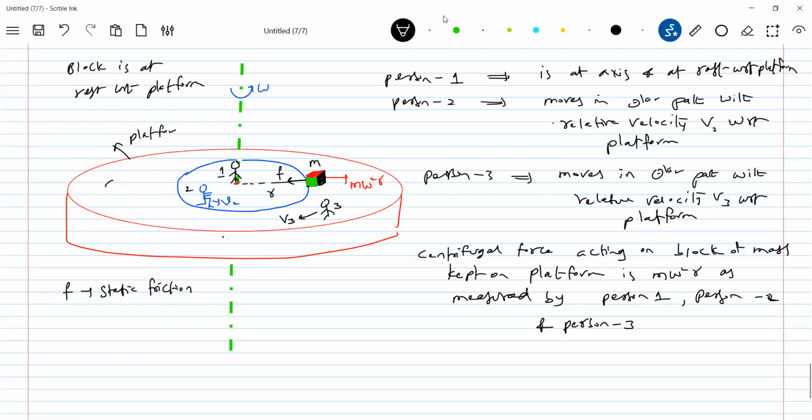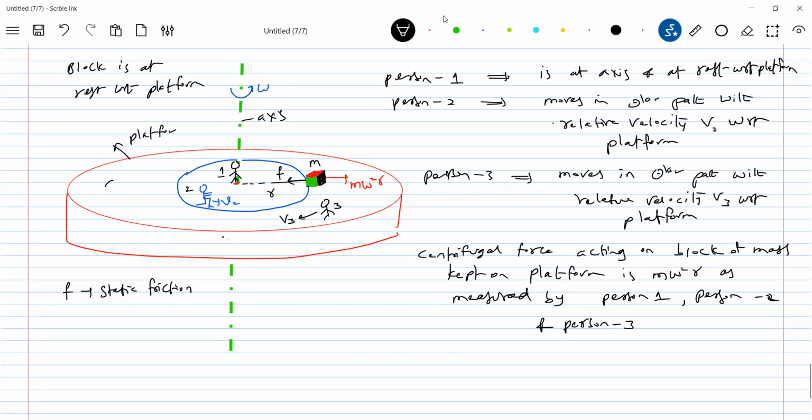Centrifugal force is independent of what? Independent of the observer, the position of the observer on the platform and its velocity with respect to the platform. It just depends upon the mass of the system, the square of the angular speed of the axis, and the perpendicular distance of the system from the axis. So it is defined with respect to the axis. Don't call centrifugal force a pseudo force.